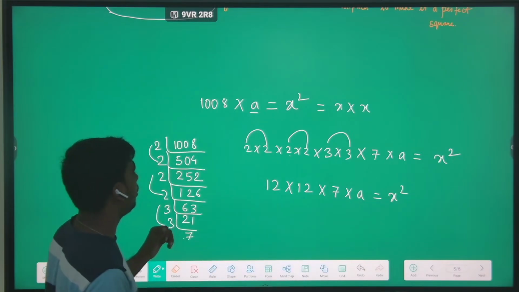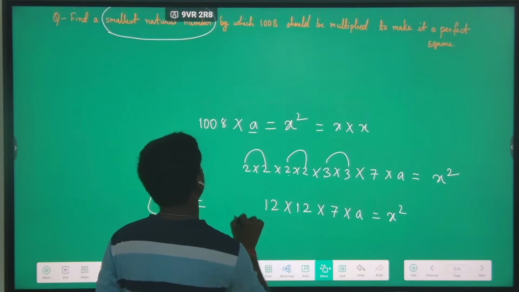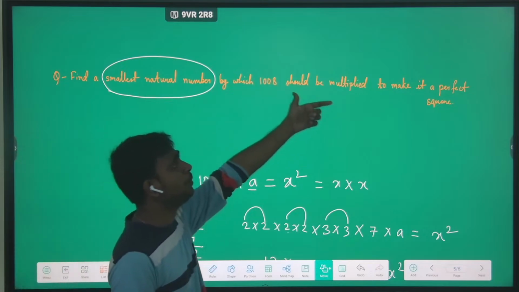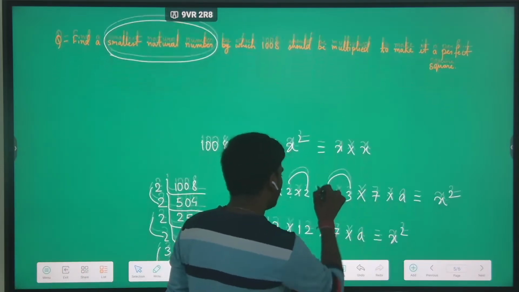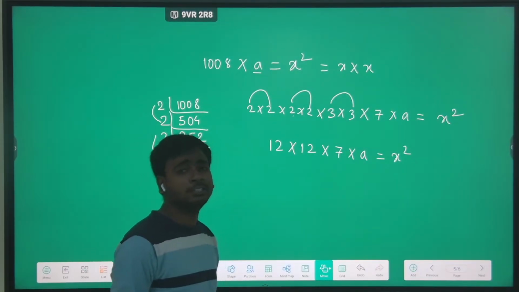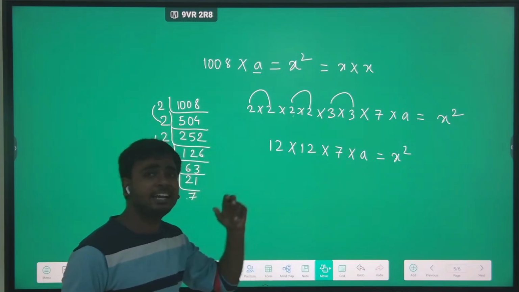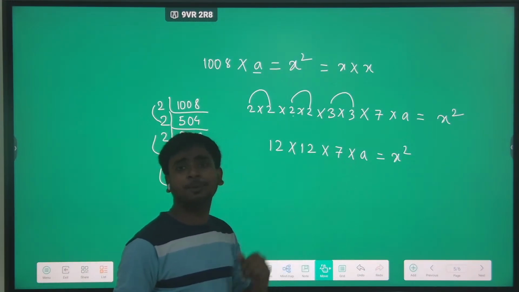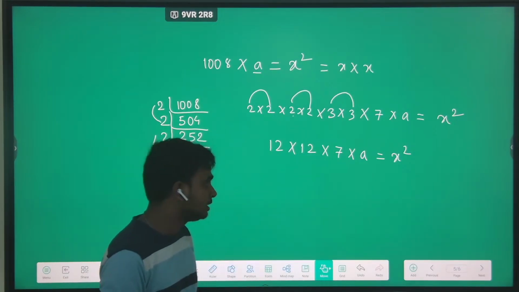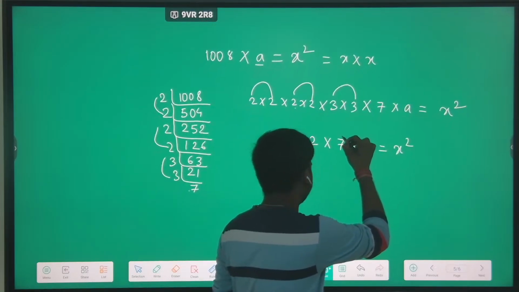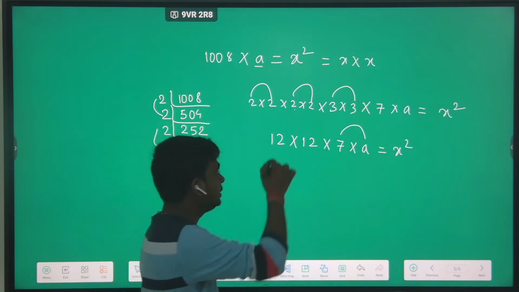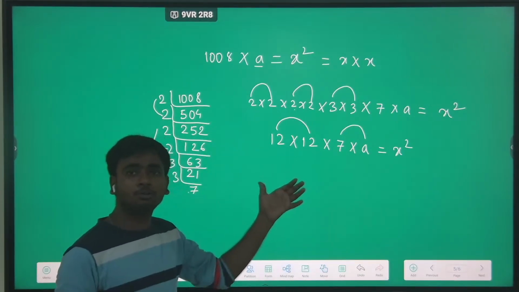First of all, let us see our question. We have to find the smallest number by which it should be multiplied to make a square number. So we have to write the number in such a way that it has two equal numbers in multiplication, such as here, for example, 12 into 12.